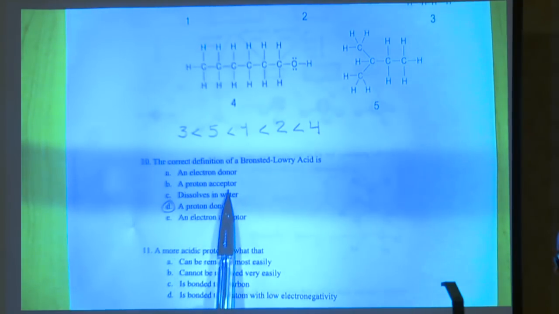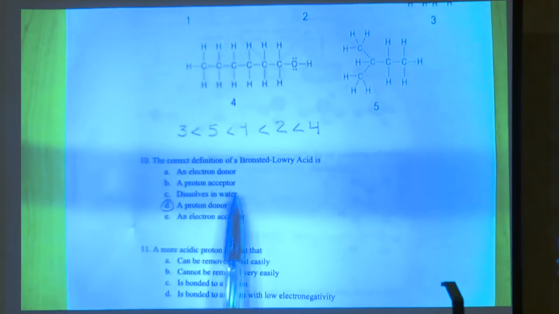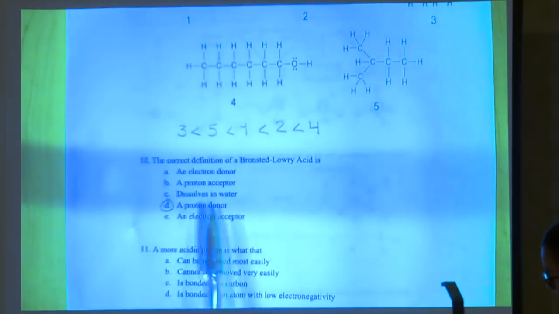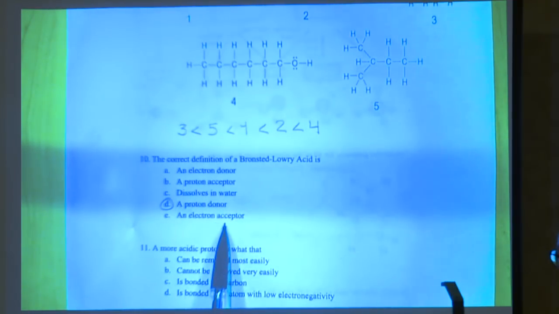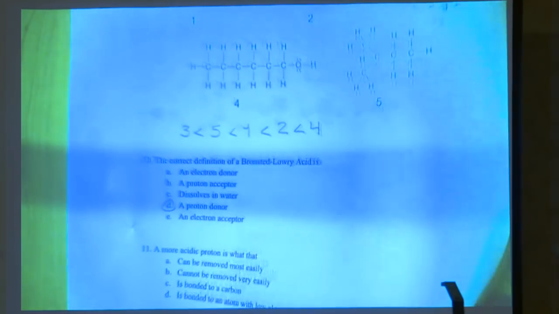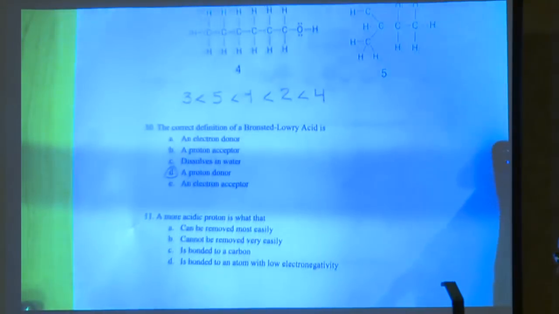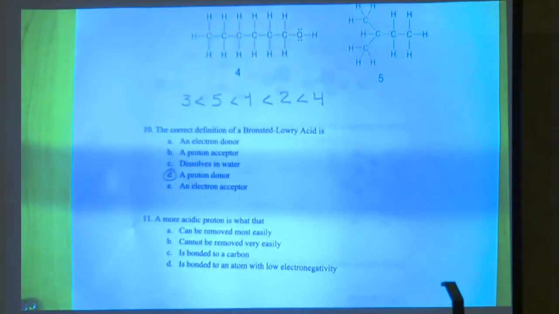Proton acceptor? Lewis acid? Bronsted-Lowry base, good. And then electron acceptor? Okay, good. So is everyone comfortable with that?